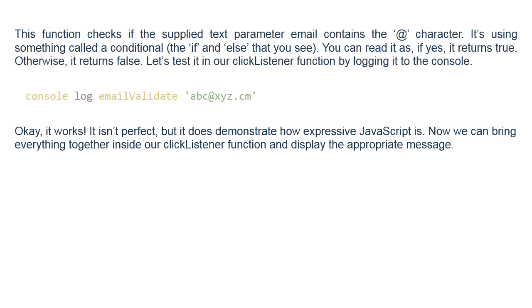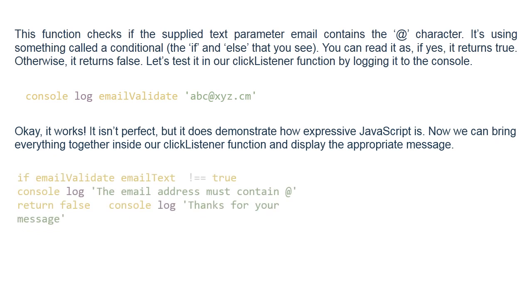Now we can bring everything together inside our click listener function and display the appropriate message. If isEmailValid(emailText) is not equal to true, console.log the email address must contain the @ character. Return false. console.log thanks for your message.